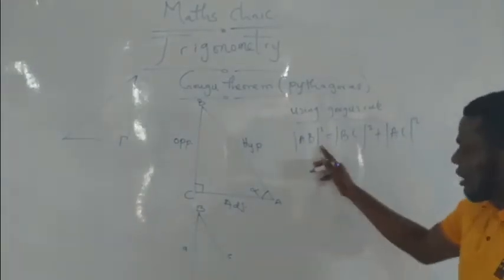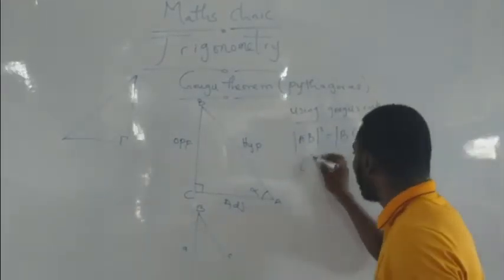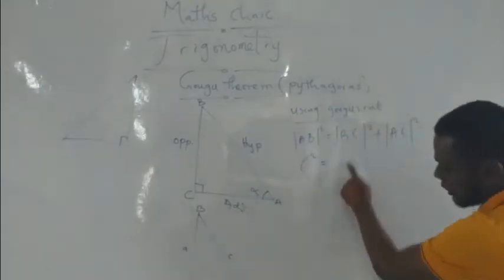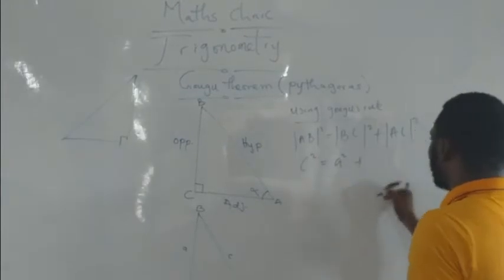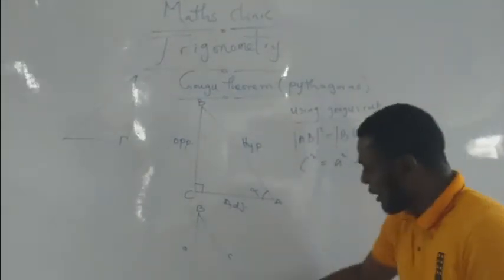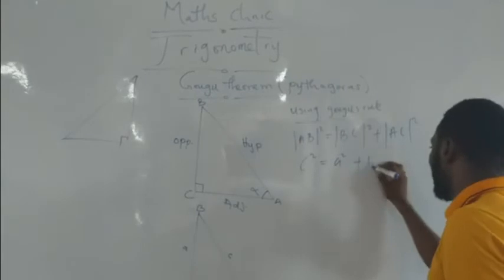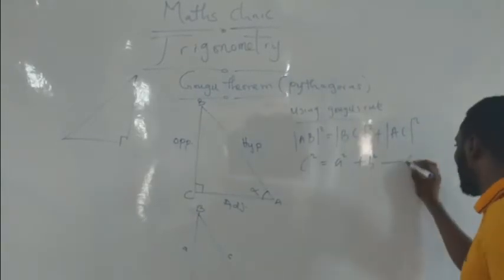So what's AB? AB is c squared, equals BC, which is a squared, plus AC, which is b squared. So let's call this asterisk 1.